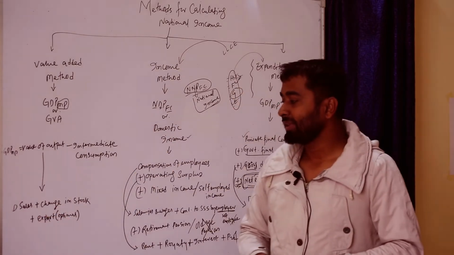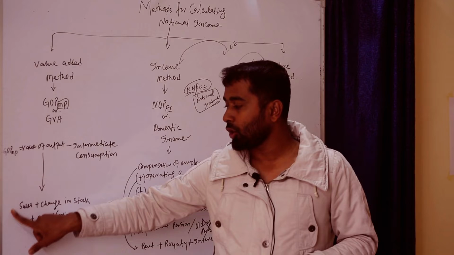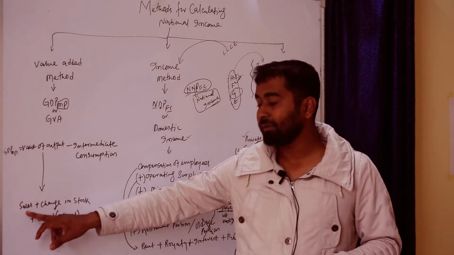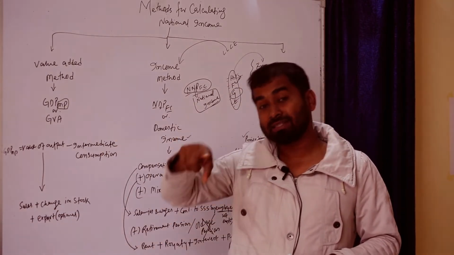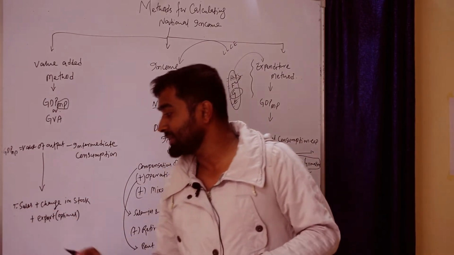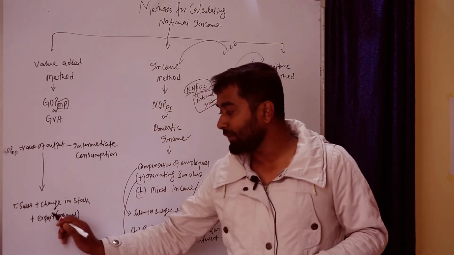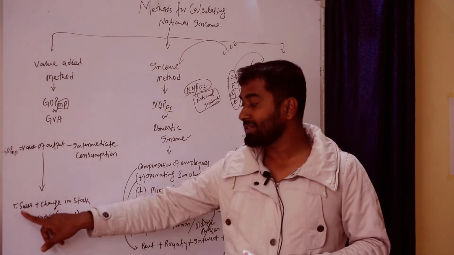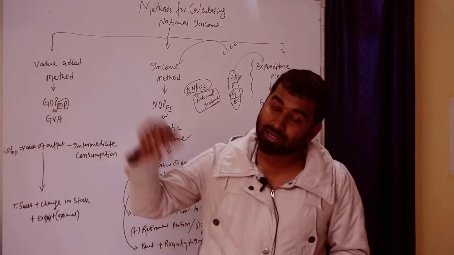Remember that if domestic sales is not given and only sales is given, then we are considering it as the total sales. When total sales is given, export will not be included, because in the total sales the export is already included.